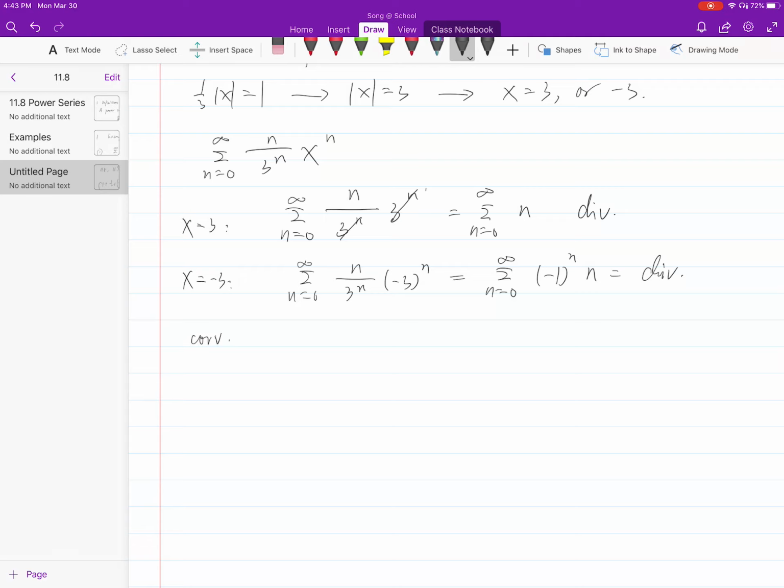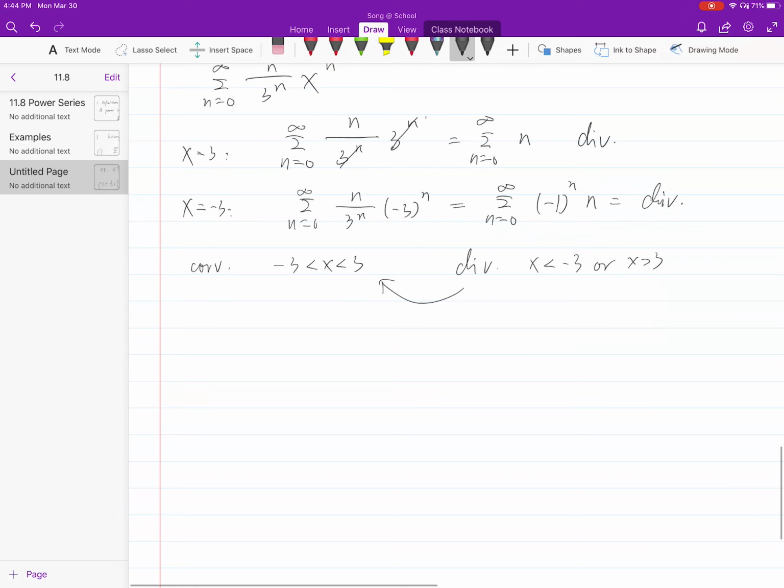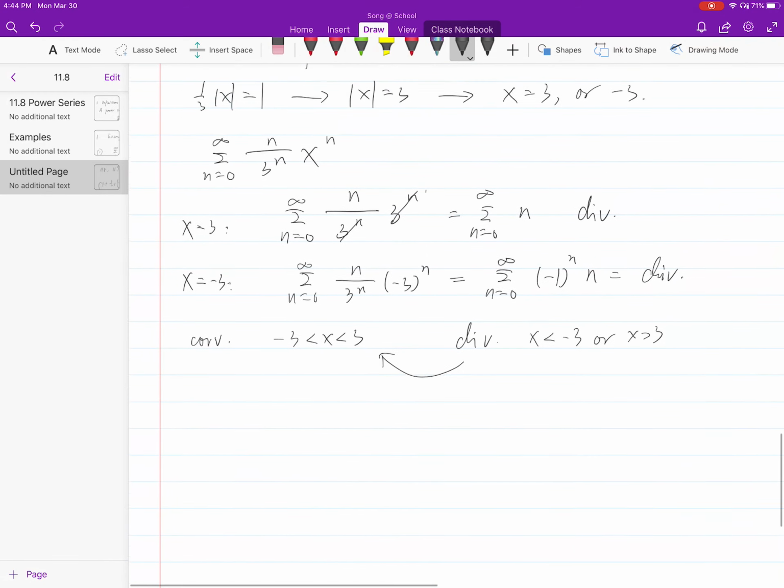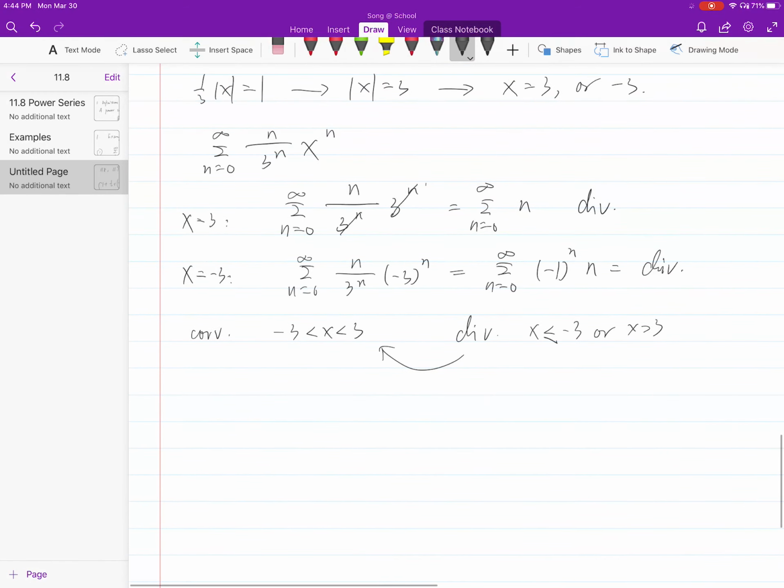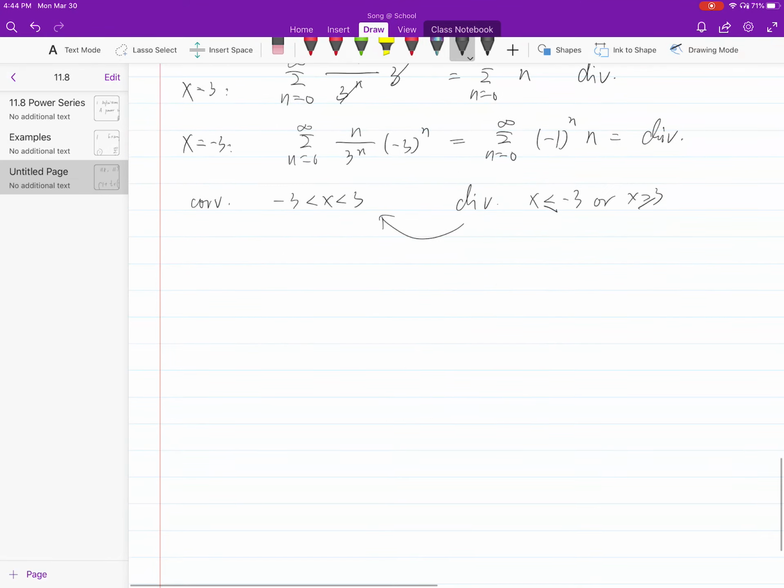Convergent if x is here, divergent if x is not here. And what if x is right on the edge? You can see the equal sign goes here. And then what we can do is write down just this information.